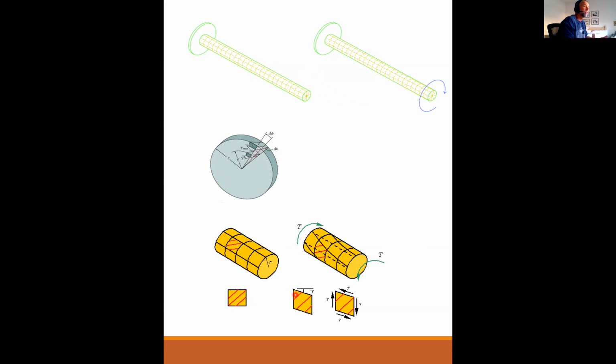Remember all the stuff we did on something that started off as square and then underwent some shear strain, and now it's more like a parallelogram. That's the shape this takes. We're looking at the skin on the surface of the rod, and as it twists, the skin is going to warp. The main point is that the warpage causes shear strain and it causes shear stress.